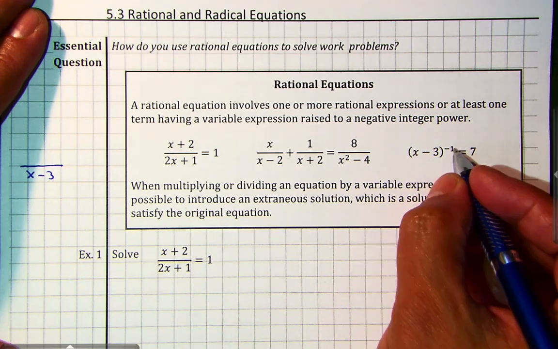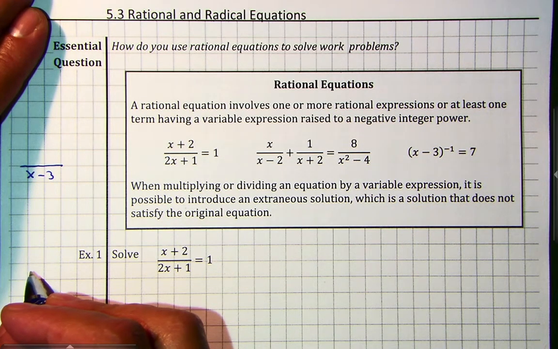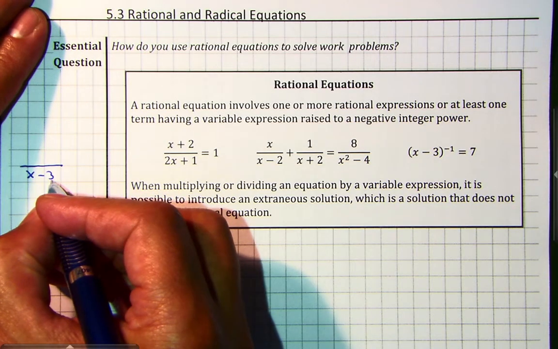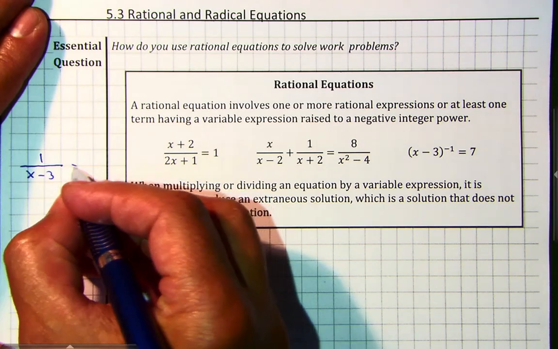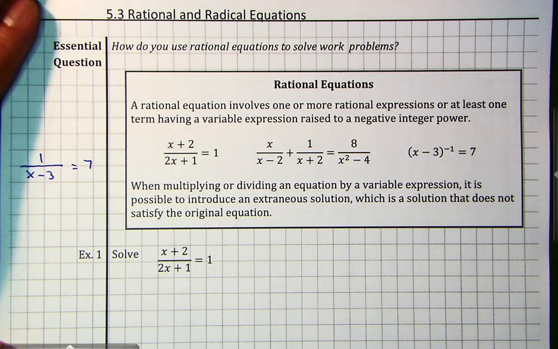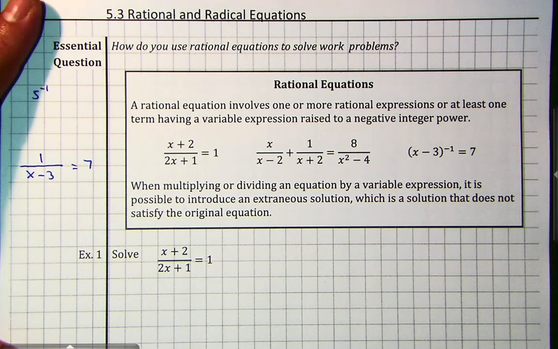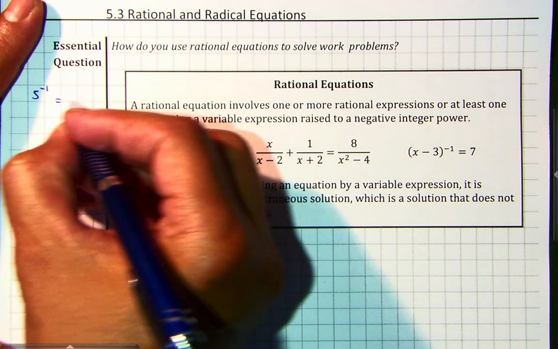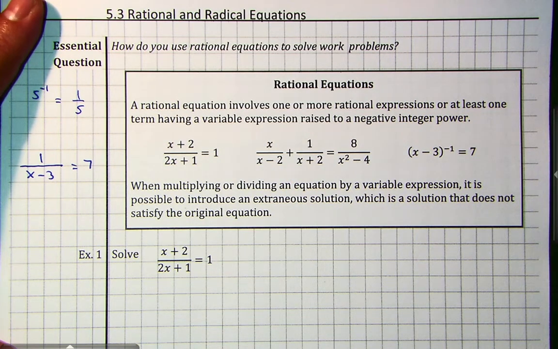And because the exponent is 1, I don't need the parentheses. We have 1 on the numerator, and there is 7. In the same way that whenever you see 5 to the negative 1, that is the same thing as 1/5. So that's something that you should be comfortable with.